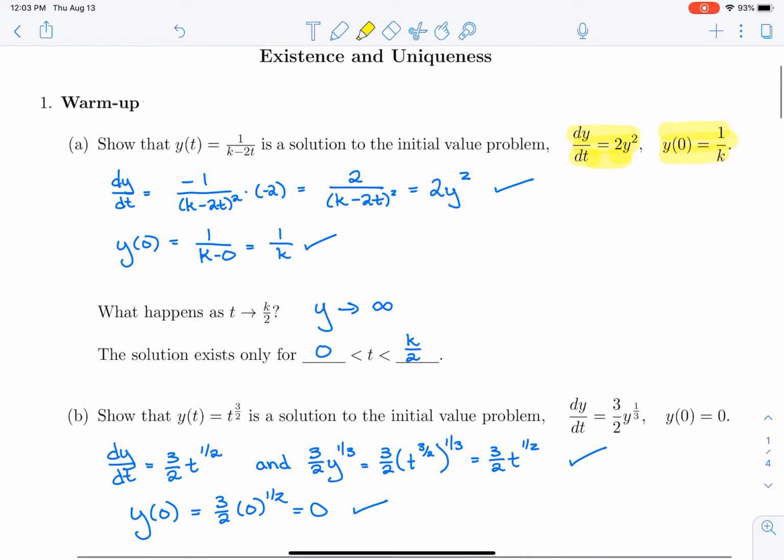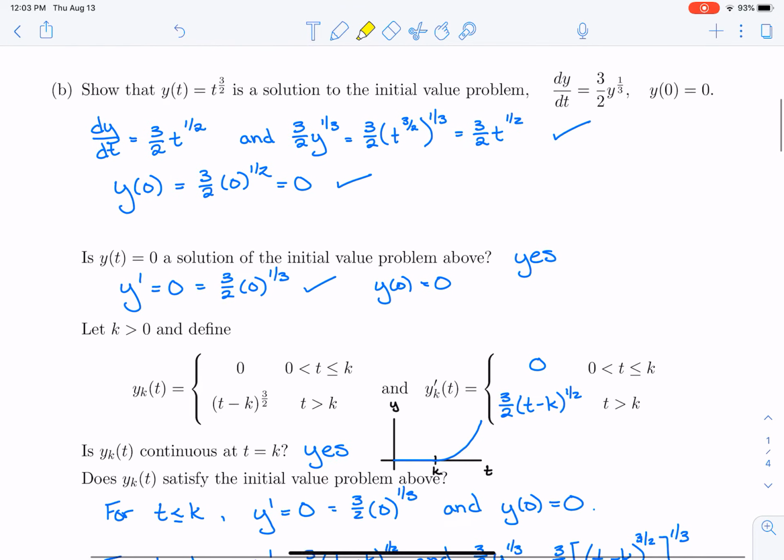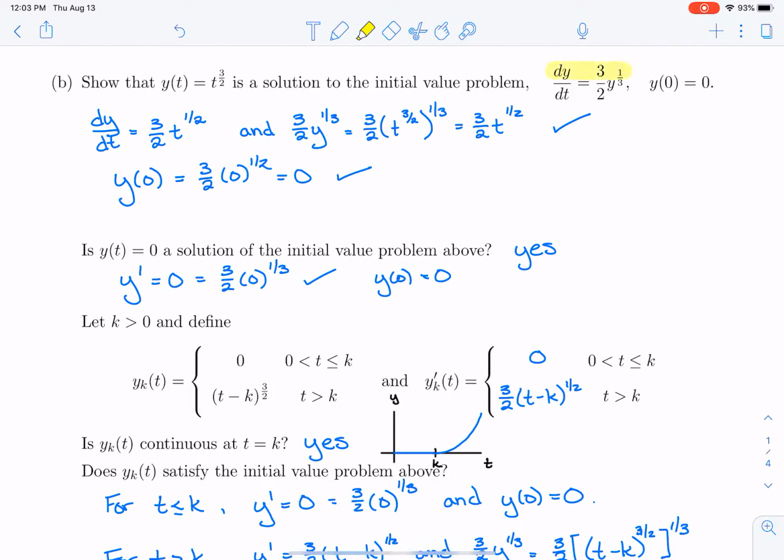The second differential equation that we looked at was dy/dt equals 3/2 y to the 1/3, and y(0) equals 0. And in this case, we were able to show that y(t) equals t to the 3/2 is a solution to that problem, but also that y(t) equals 0 is a solution to that problem.